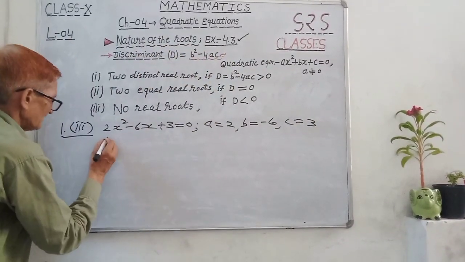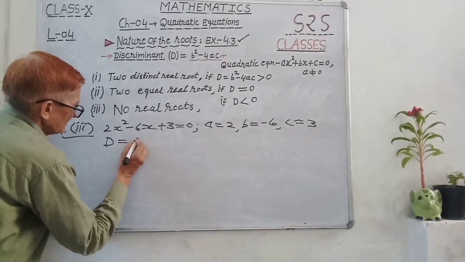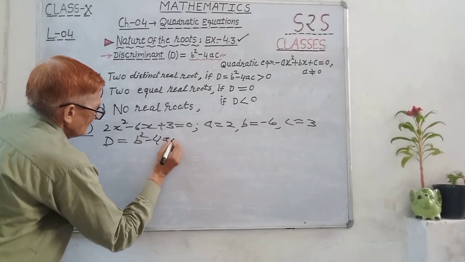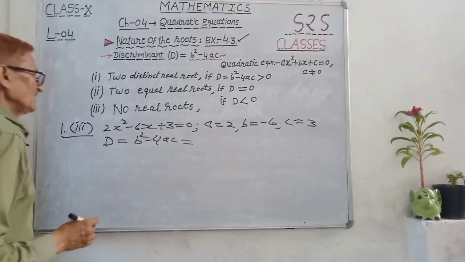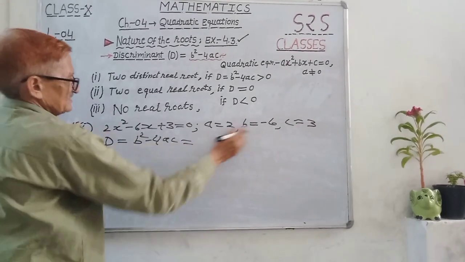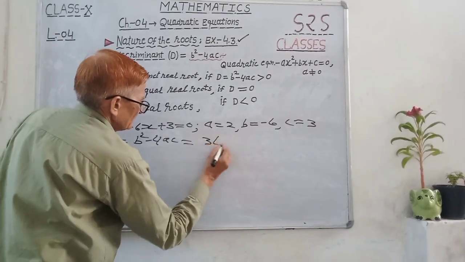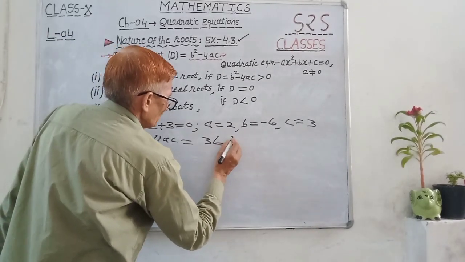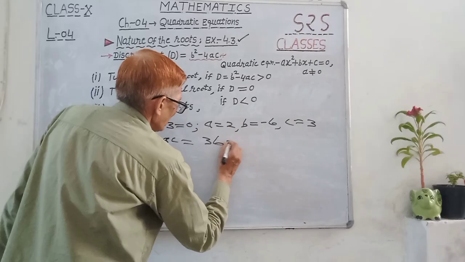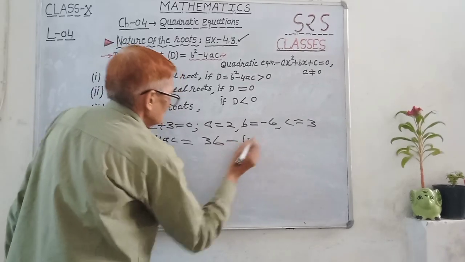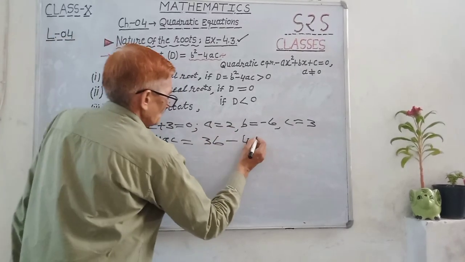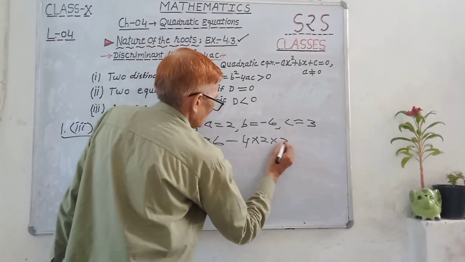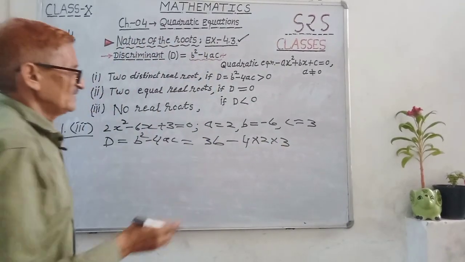Then find the discriminant. The discriminant is equal to b square minus 4ac. b square means minus 6 square, which is 36. Then b square minus 4ac: minus 4 into a, which is 2, into c, which is 3. 4 times 2 is 8, 8 times 3 is 24.